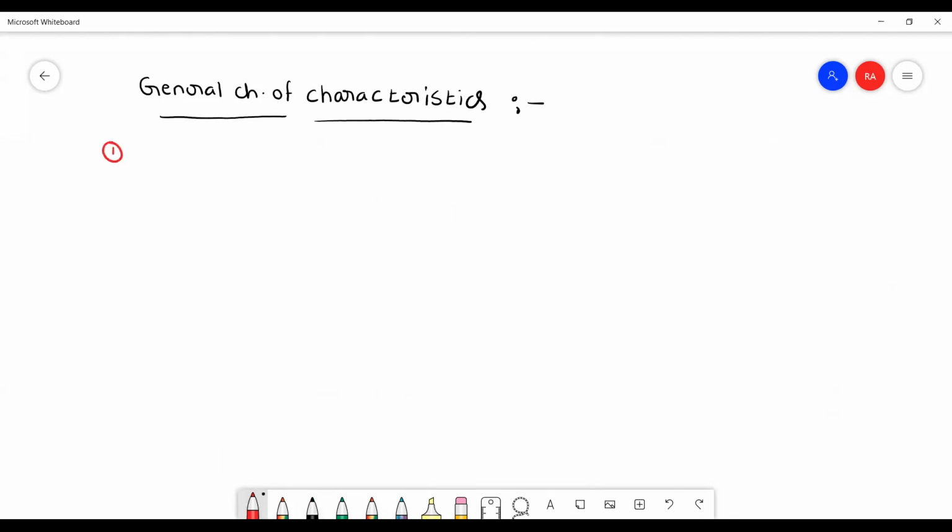Number one, it has beam antenna characteristics. What is an example of a beam antenna? One reflector, one driven element and one director.